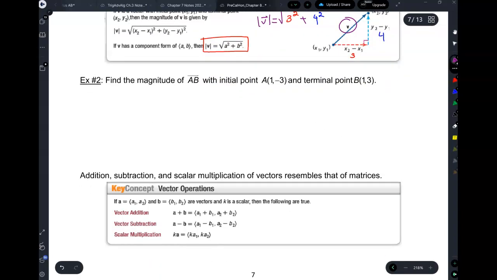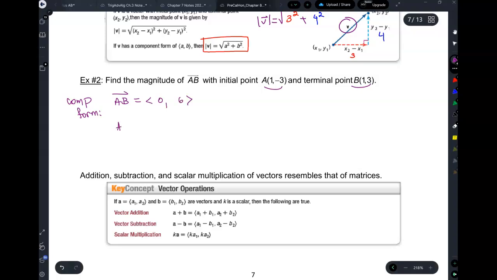So now let's find the magnitude of AB. This is the same vector as example 1. Write it in component form. In component form, this is 0, 6.